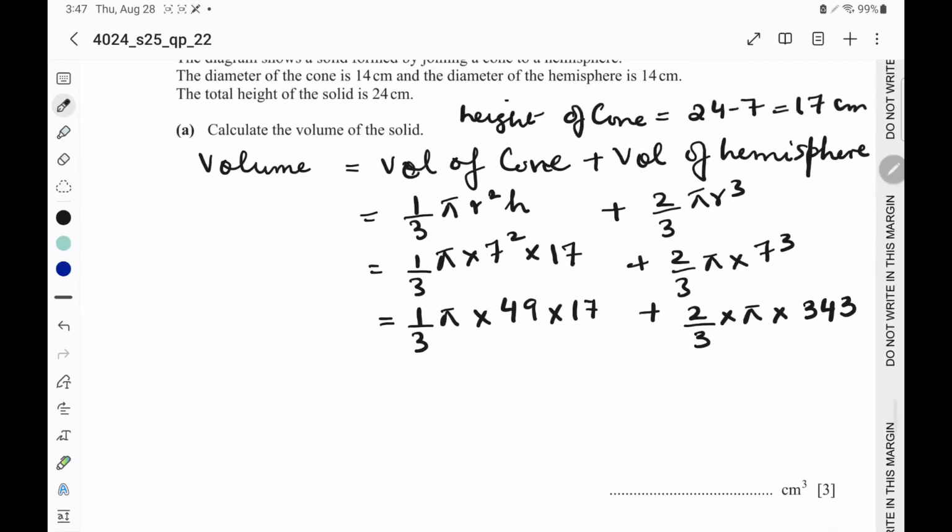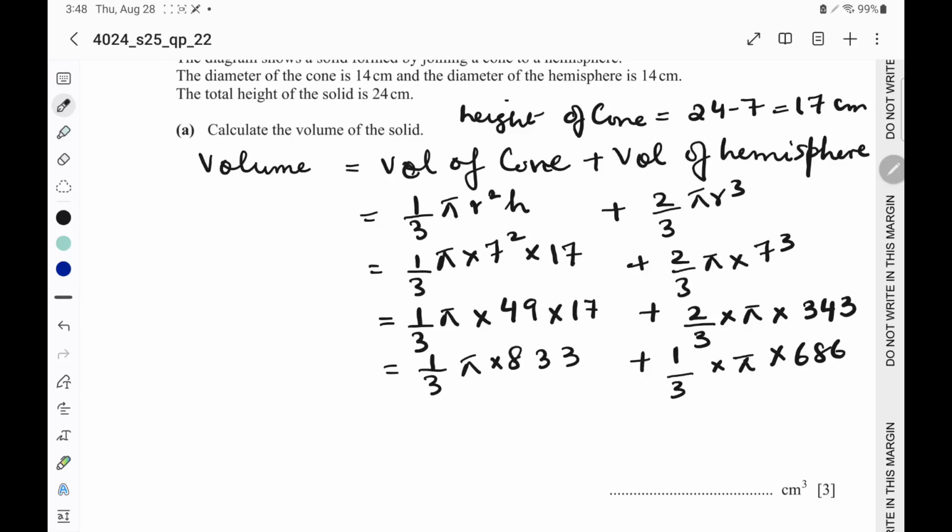49 into 17, I have calculated, this is equals to 833, and 2 over 3 pi. Why not multiply 2 and 343, and then you will have one number, okay? So that is also 1 over 3, and 2 times 343 will become 686.